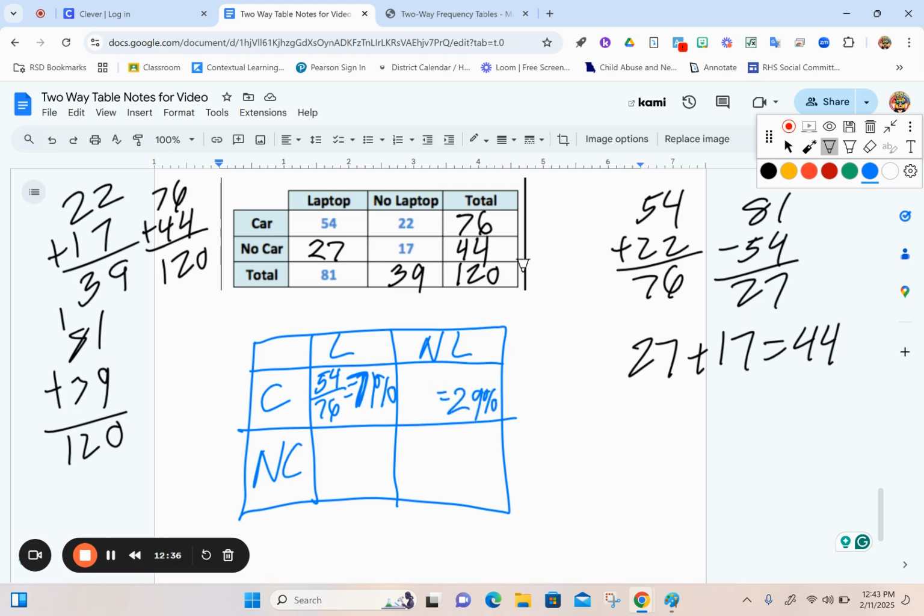which should be 22 out of 76. So then 27 out of 44 is 0.613, so that's 61%.